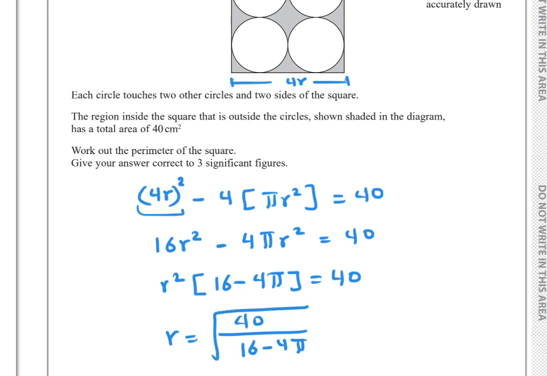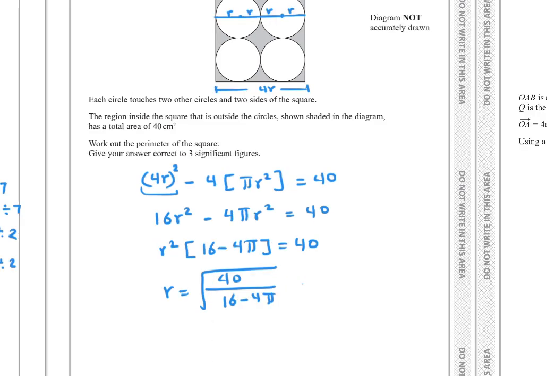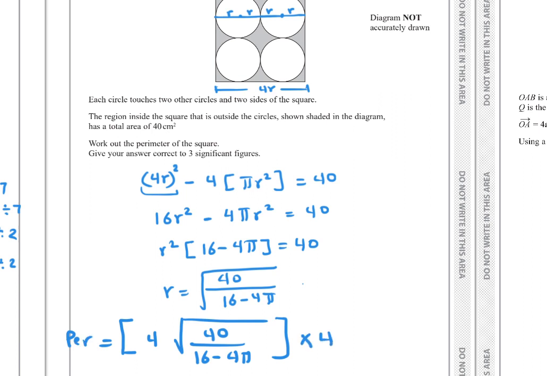Now to find the perimeter of the square, each side of the square is 4r, so 4 times the square root of 40 over 16 minus 4 pi, this is one side. Now we need the perimeter, so multiply that by 4, which equals 54.6 to 3 significant figures.